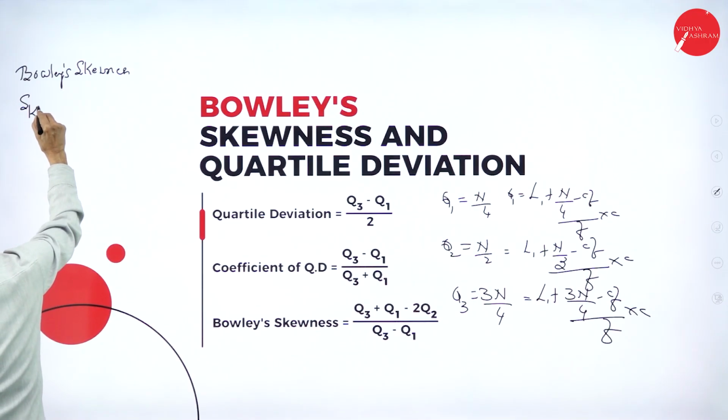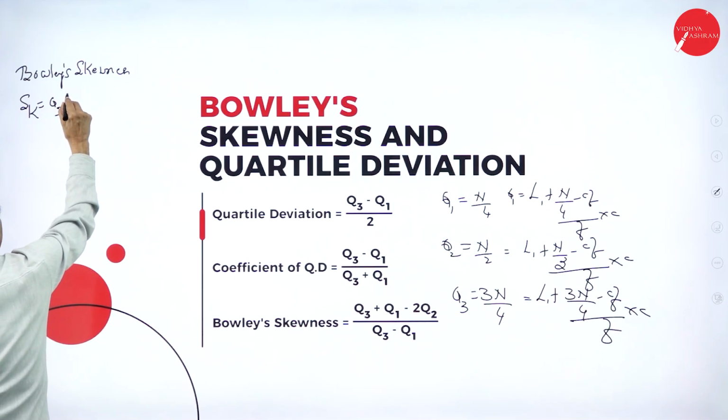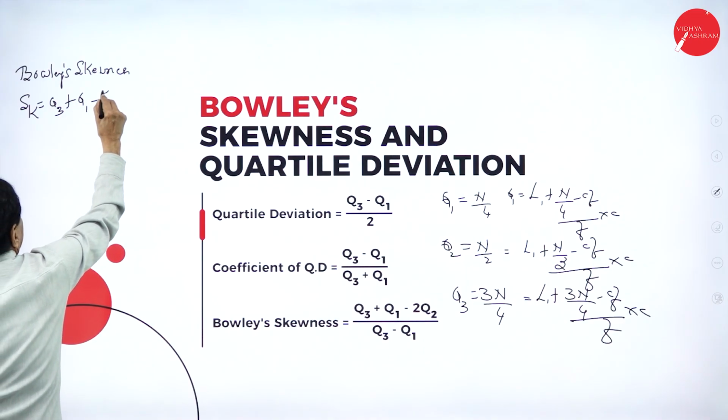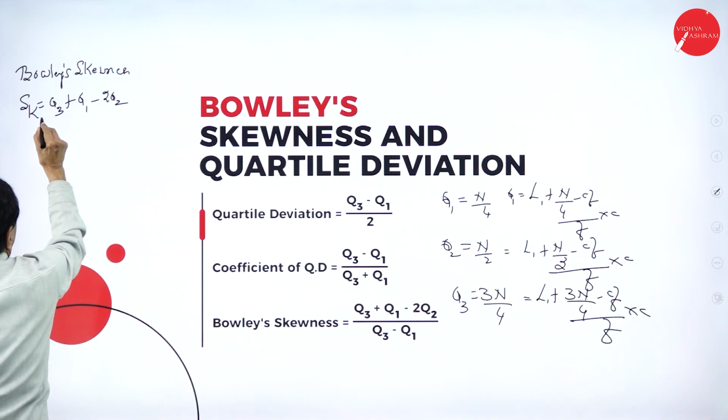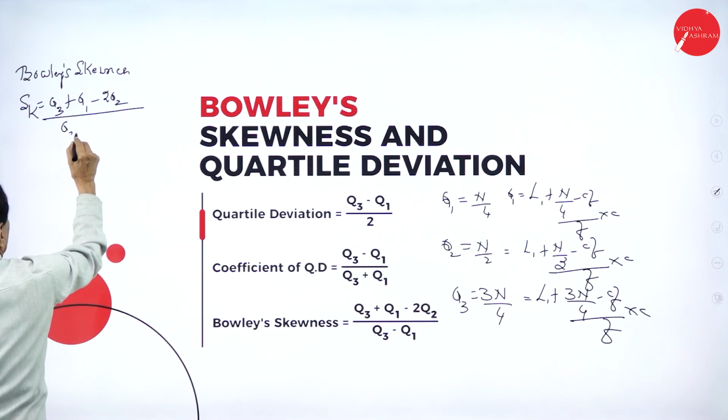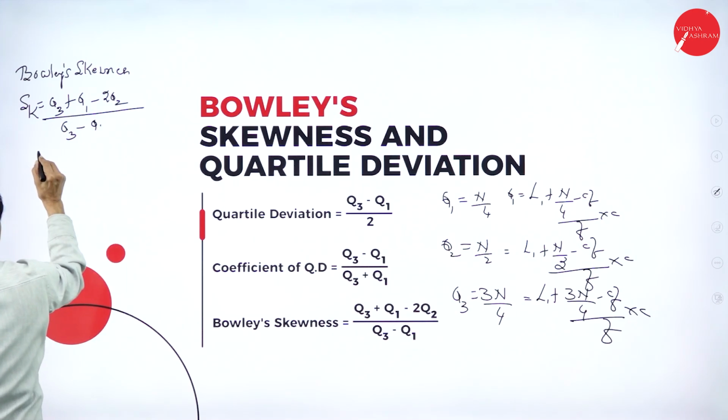Then Boyle's skewness. Skewness is equal to Q3 plus Q1 minus 2Q2 divided by Q3 minus Q1.